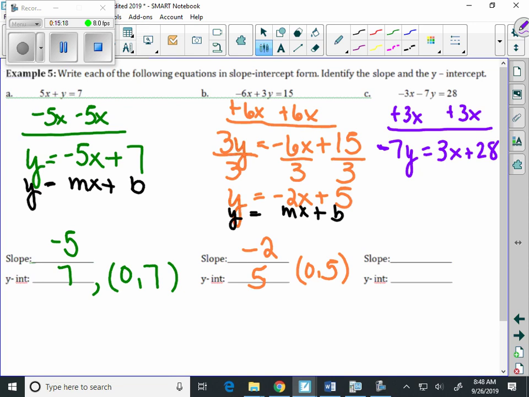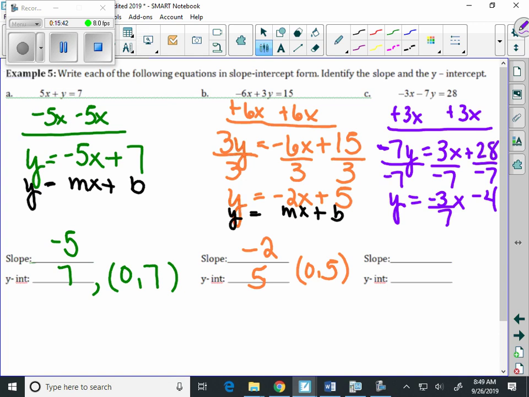I'm going to divide everything by 7. We want to get y by itself, in fact, not just 7, but negative 7. So we end up with y equals negative 3/7 x, and 28 divided by negative 7 is going to be negative 4.